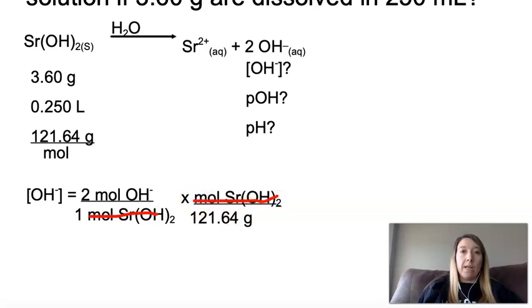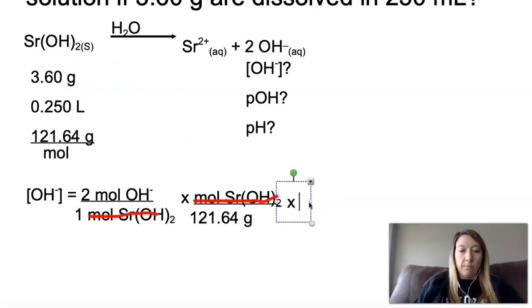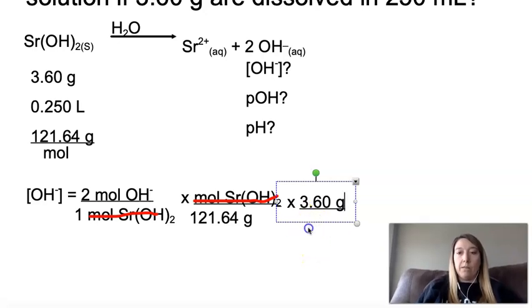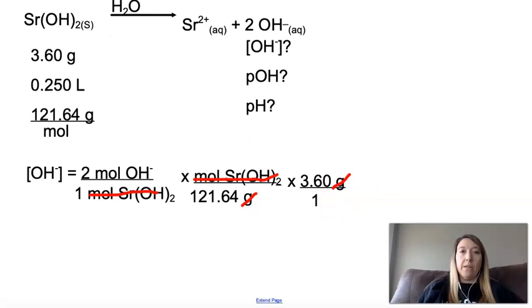Now we need to go ahead and get rid of that grams. So we have grams here, so we are going to times it by 3.60 grams, and then again, just over 1. Now we can get rid of that unit of grams. So now we have moles of hydroxide. All we need to do is get that liters into there. Liters needs to be on the bottom.